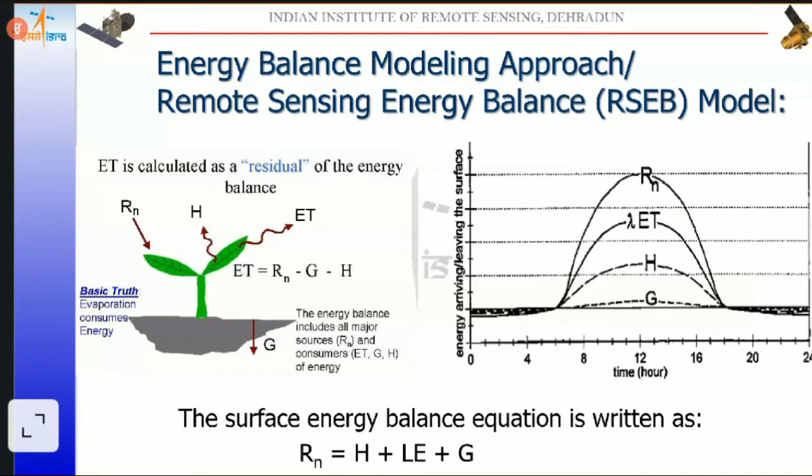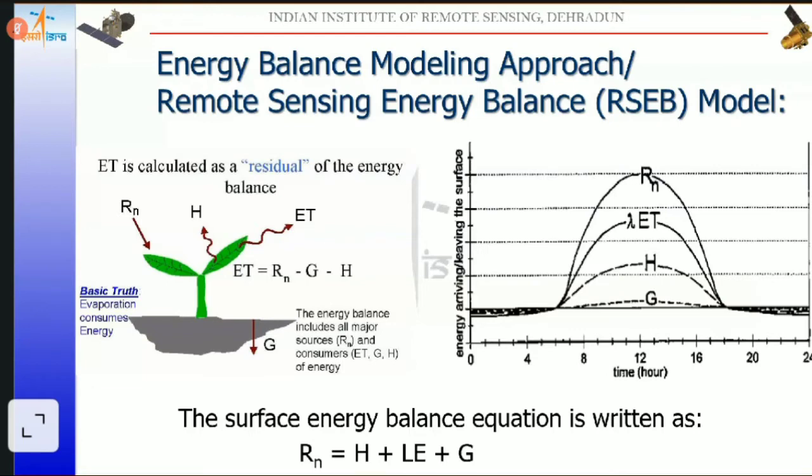Okay. Then come to the right side figure. The right side figure defines the diurnal pattern of each energy flux component. Here you can easily see the total 24 hours of the day, from night 12 AM to the next 12 PM, and what the energy flux dynamics and variabilities are with time.